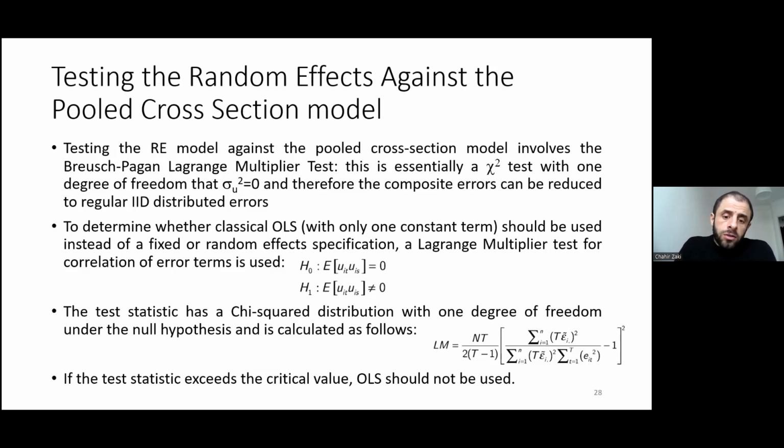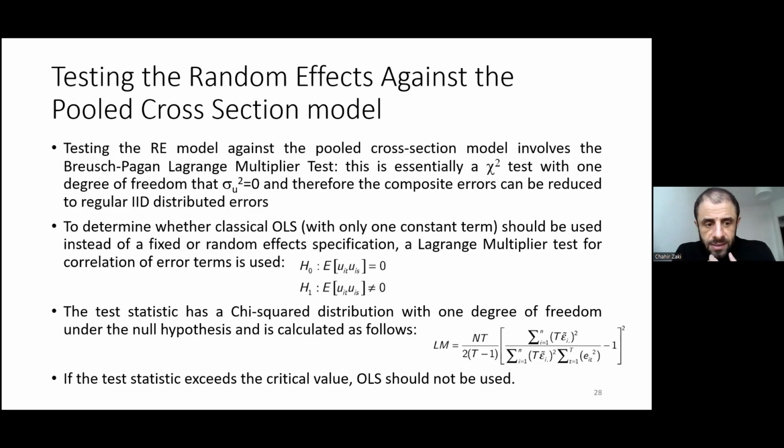If we do not reject the H node, this means that the sigma square is equal to 0, which means that the composite error will be reduced to the normal error term that we have.